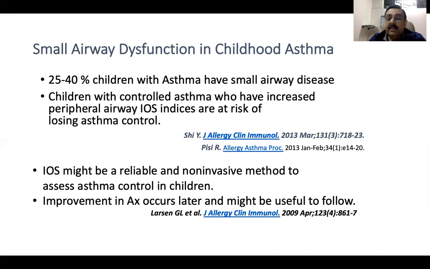And IOS might be a reliable and non-invasive method to assess asthma control in children. An improvement in AX is a good index to evaluate in follow-up to understand whether we can taper them off, or they need to be continued on the same dose, or we need to increase the dose.